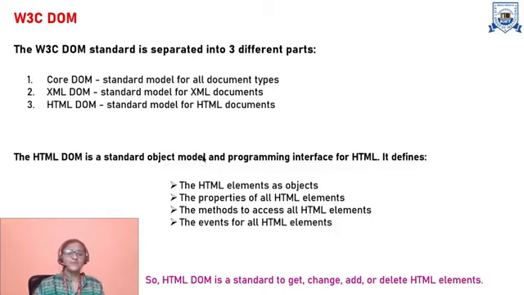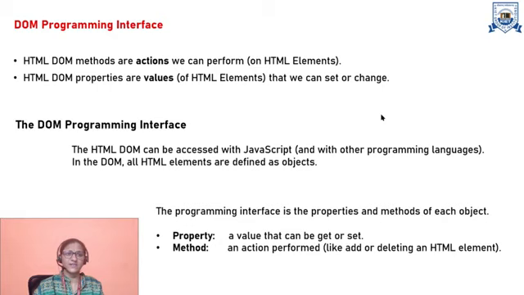So this is provided in HTML DOM. So we can say HTML DOM is a standard to get, change, add, or delete any HTML element according to the requirement of a web document.